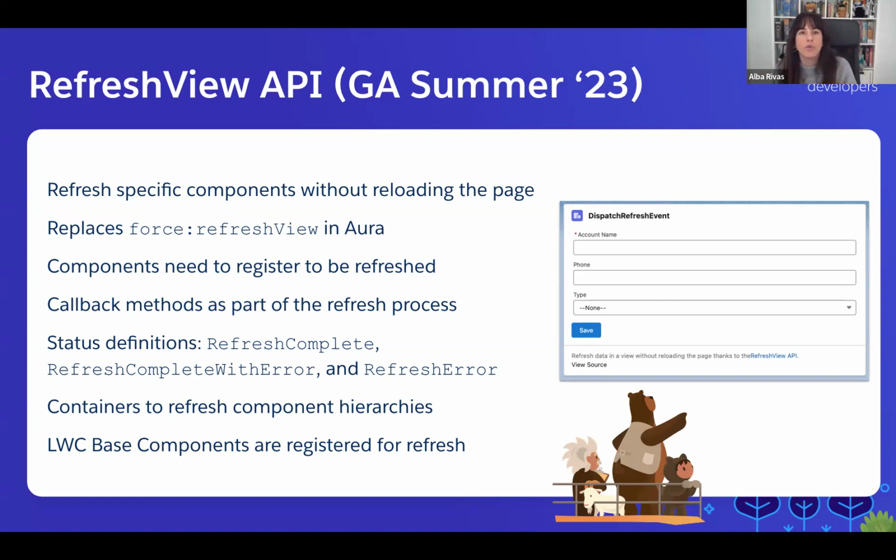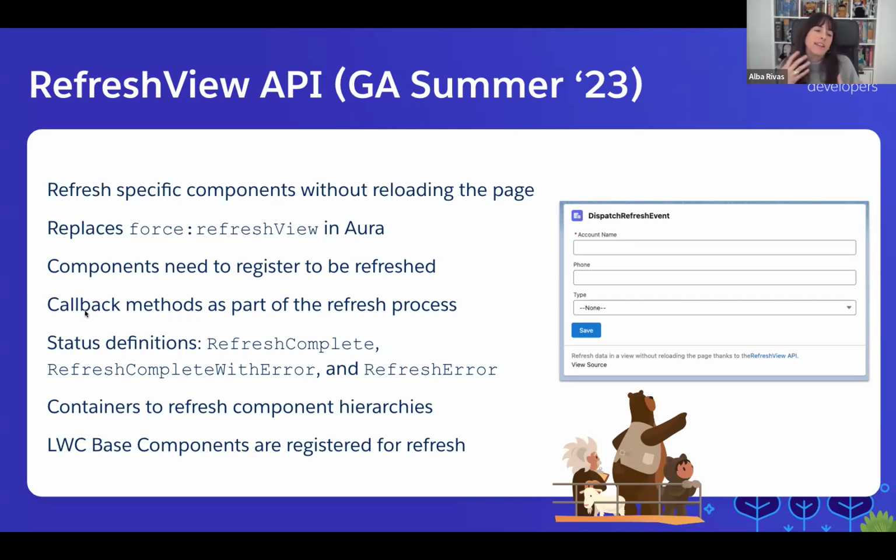So getting back to the Refresh View API, it's like force refresh view, but it works slightly differently, because in this case, if you want a component to be refreshed when it listens to that event, you need to register a refresh handler. It's more controlled, okay?